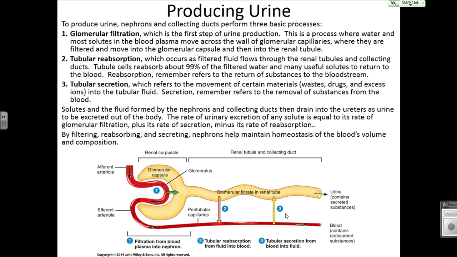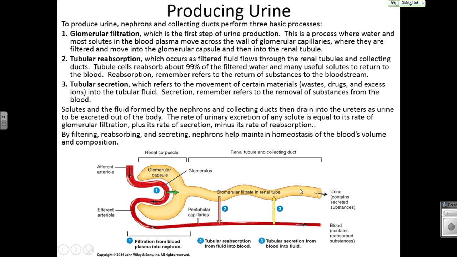Other points, or at the same time even, we might be pushing something else out of the blood. So if you want to actually calculate urinary excretion, so getting rid of urine, it would be the amount of filtrate plus secretion minus reabsorption.